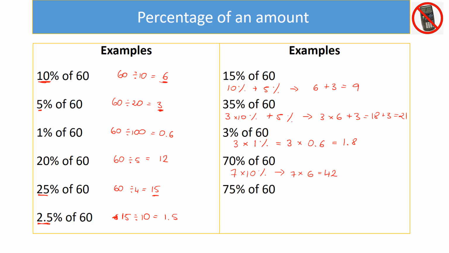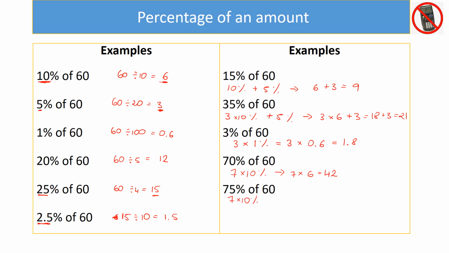Then we've got 75% of 60. Again, there's multiple ways how you could do this. You can work out, for example, 50% and then 25% and just add them together. Or you could work out 70% and 5% and add them together. I already have 70% from my previous example, but I'm just going to show you again how you do this.